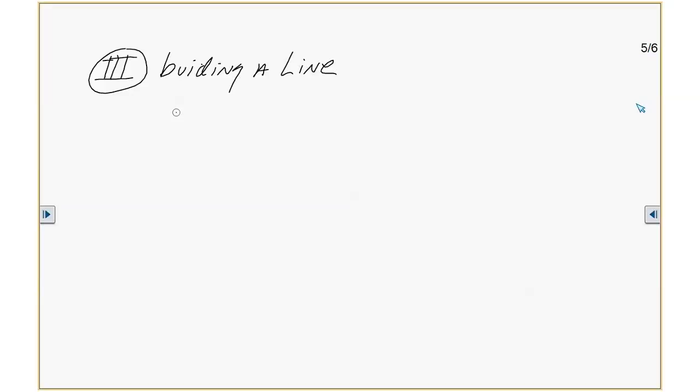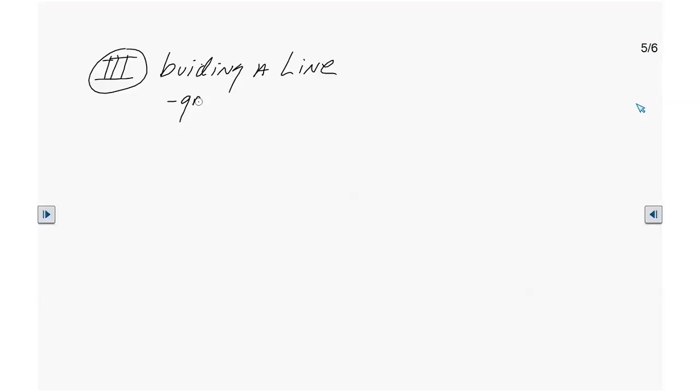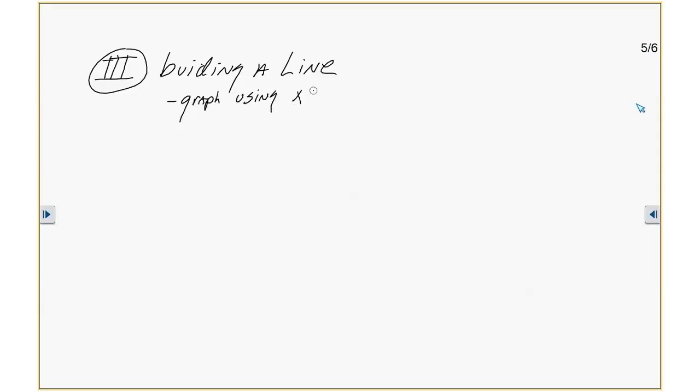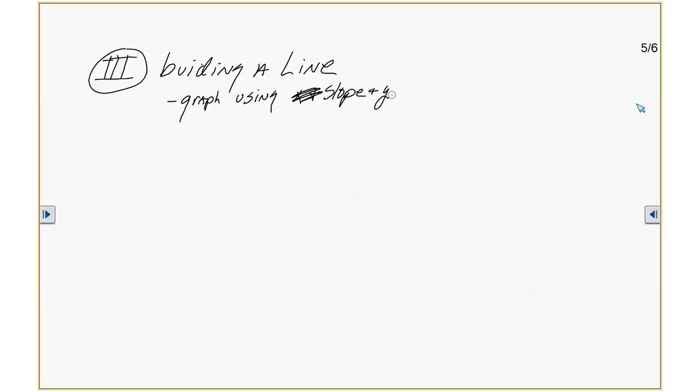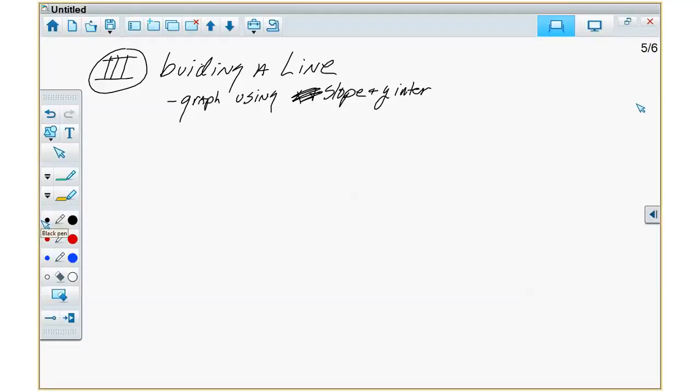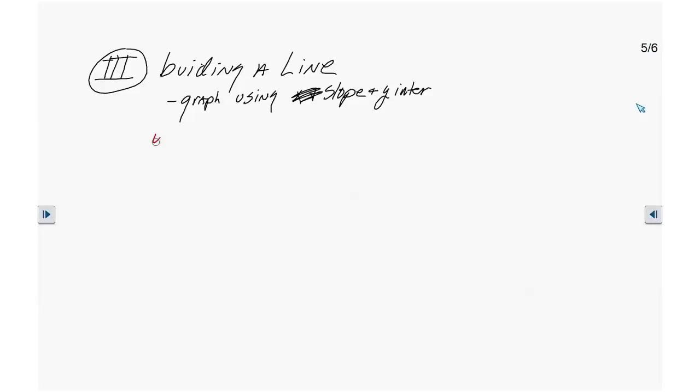They call it graph using slope and y-intercept. When do you use it? Well, I use it when y is by itself.